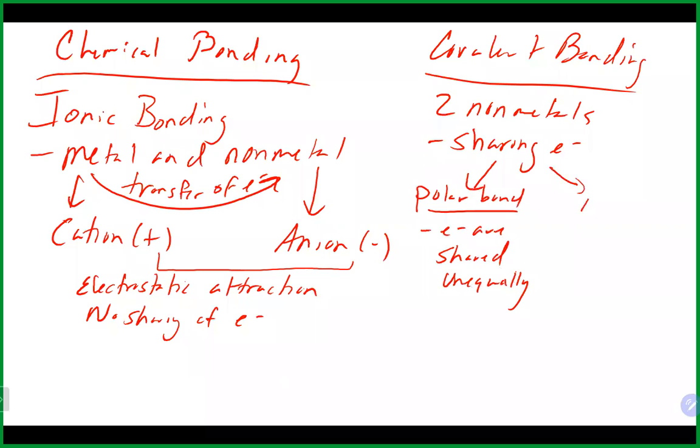And there is a nonpolar covalent bond, which means that the electrons are shared equally. So a covalent bond, again, is the sharing of electrons between two nonmetals. And again, two categories fall underneath that covalent bond, either a polar bond or a nonpolar bond. And both basically describe how the electrons are being shared.